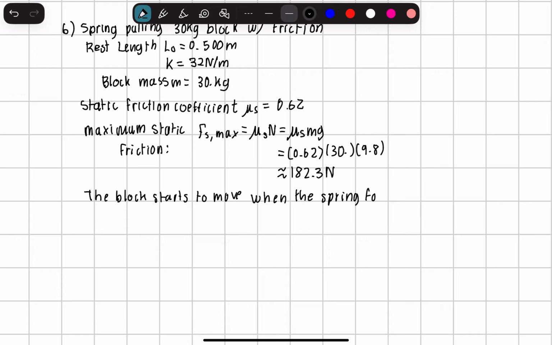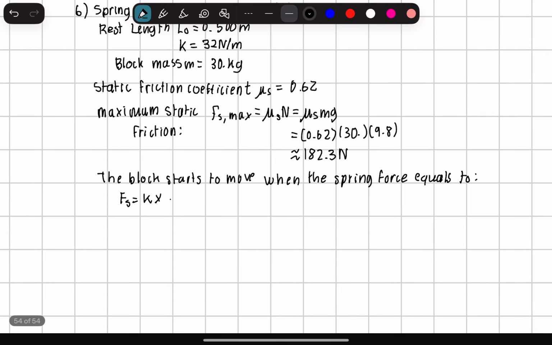The spring force equals, so we know from the equation Fs is equal to kx. This is when the block starts to move, because this is the formula for Hooke's law. So we know that this is going to be Fs max.